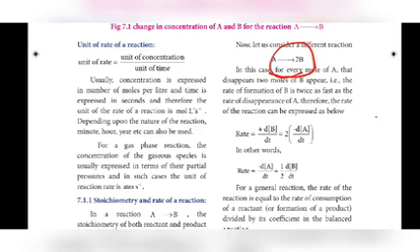Already I told you, the rate of the reaction is change in concentration of reactant or product divided by time taken. We learned this last class. Here we are going to write the rate of the reaction in terms of product, then reactant.